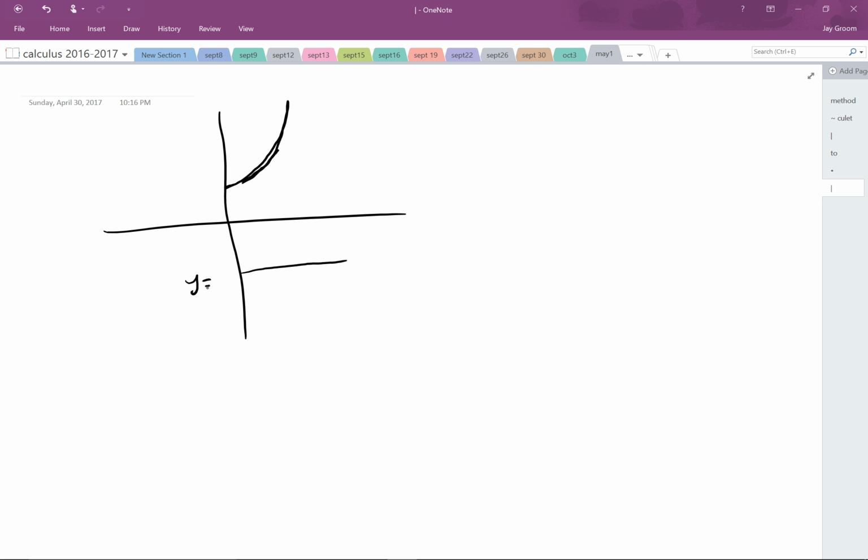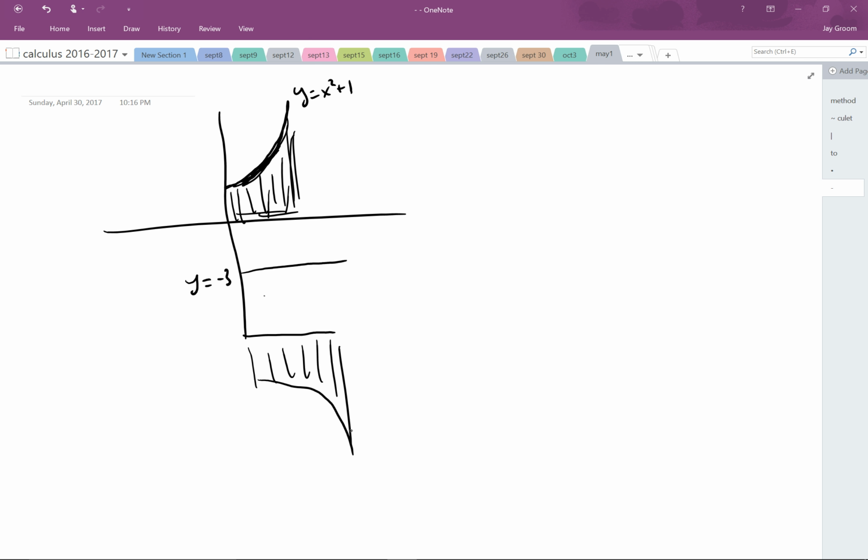So this is y equals -3. This is y equals x squared plus 1. I would like to wrap this region around this line here. That's going to give us an inner radius and an outer radius again.